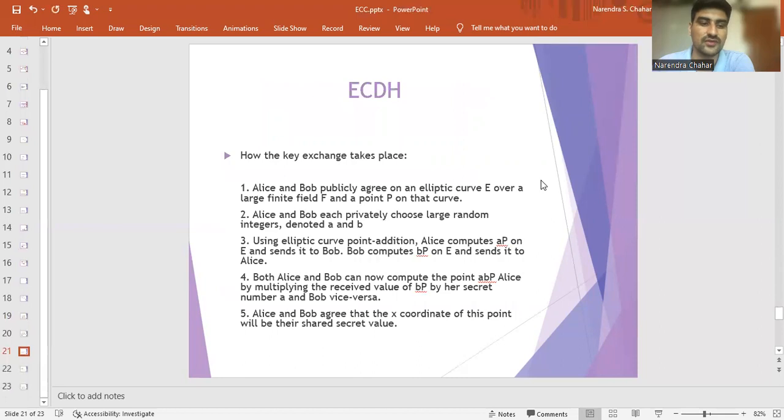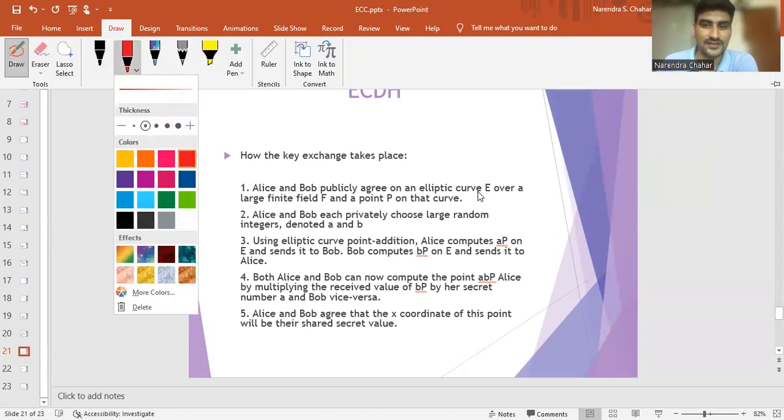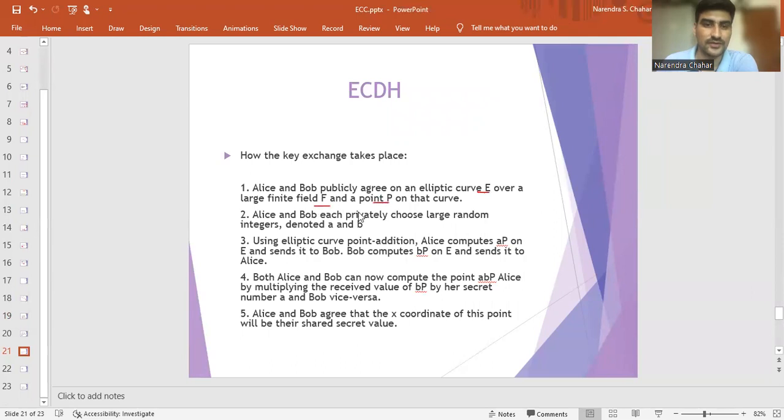We have talked about that earlier. So how does the key exchange take place? There are two members, Alice and Bob, who publicly agree on the elliptic curve E over a large finite field F and a point P on that curve. We are taking three things here: elliptic curve E, field F, and point P.